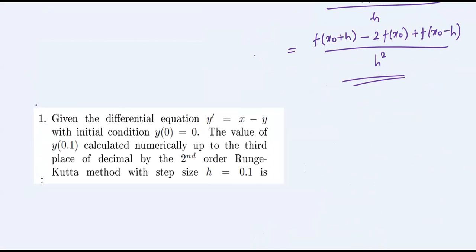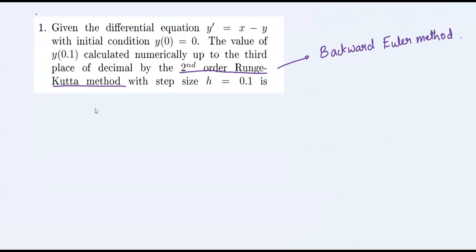It is backward Euler method. And step size is 0.1. In the first step only, he is wanting us to calculate. So x naught is equal to 0, y naught is equal to 0, given.